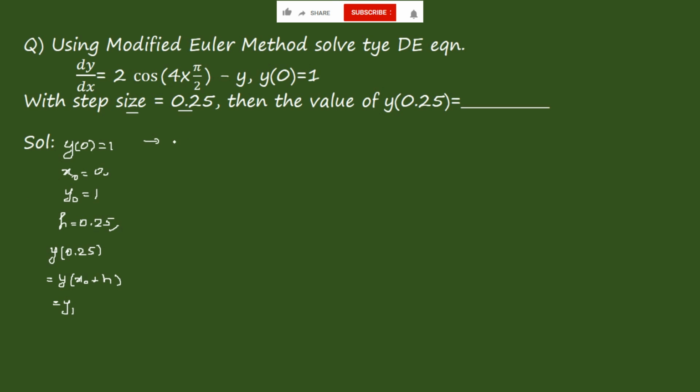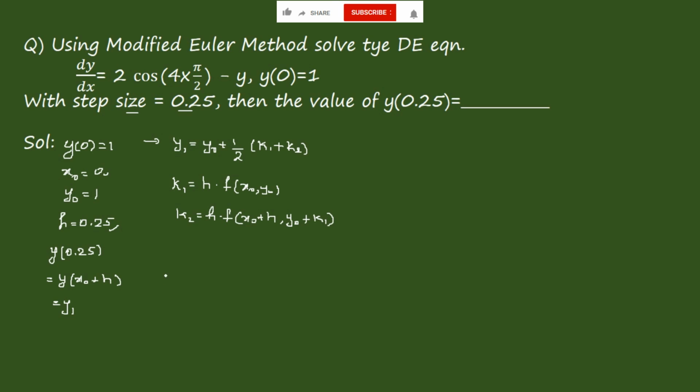The general formula that we know is y1 is equal to y0 plus 1 by 2 into k1 plus k2, right? By using a modified Euler's method, where k1 is equal to h into f of x naught comma y naught, and k2 is equal to h into f of x naught plus h comma y naught plus k1, right?